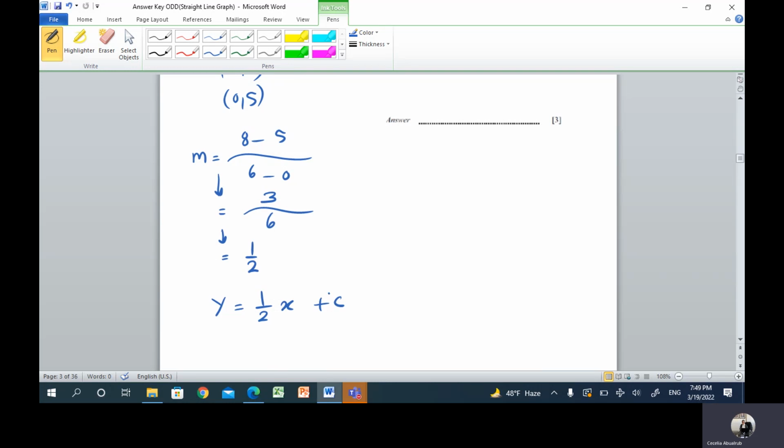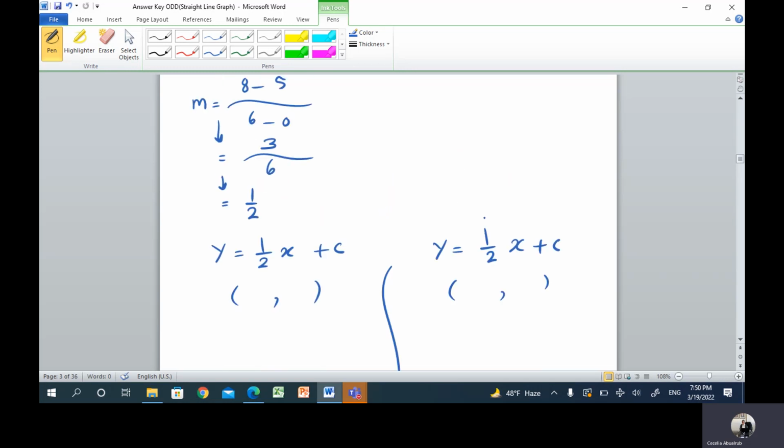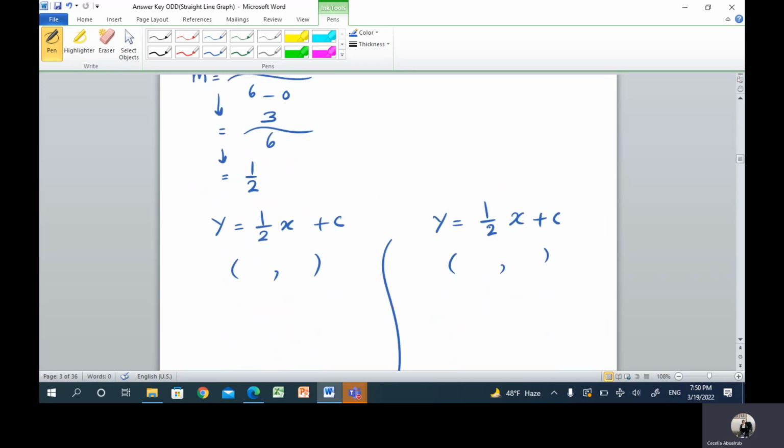How am I going to find c? Like I explained earlier, we have 2 points on the line and we found part of the equation, which is 1 over 2x plus c. The first point is 6, 8 and the other is 0, 5.